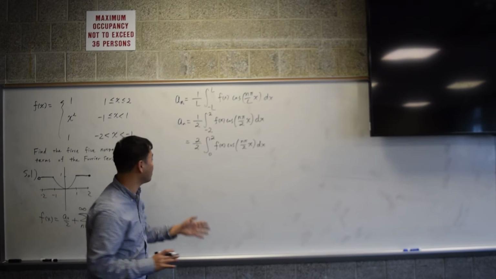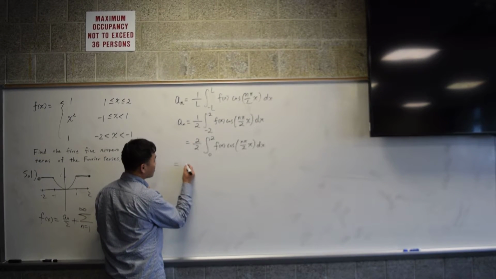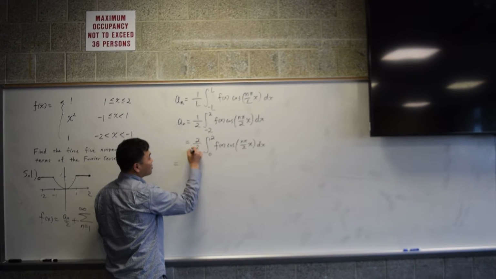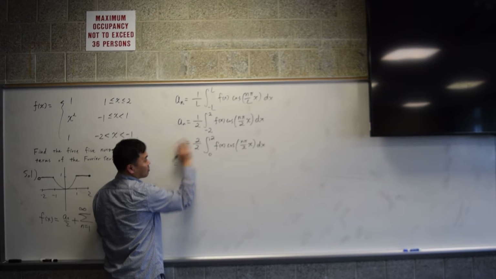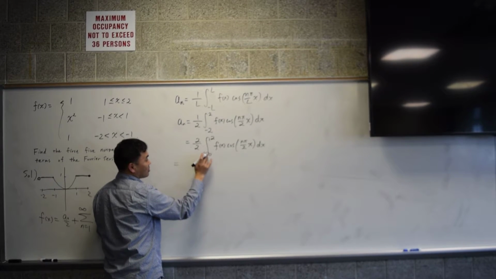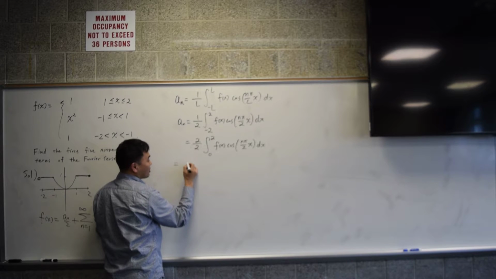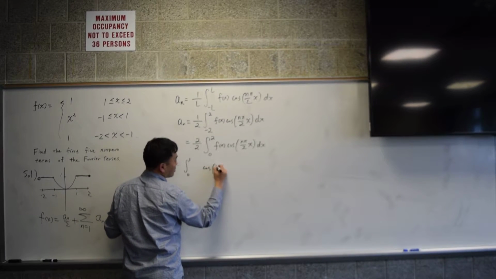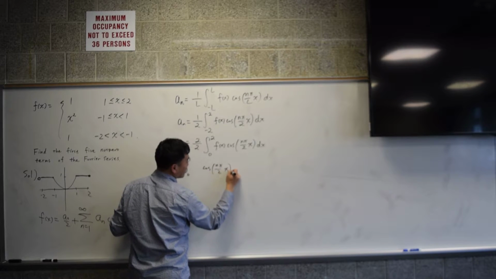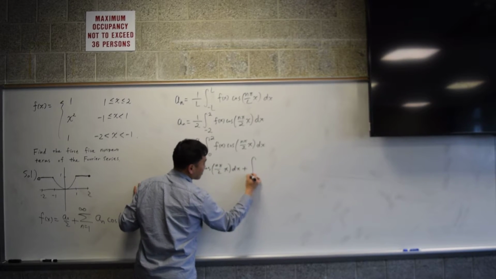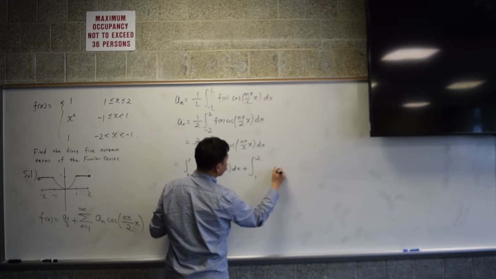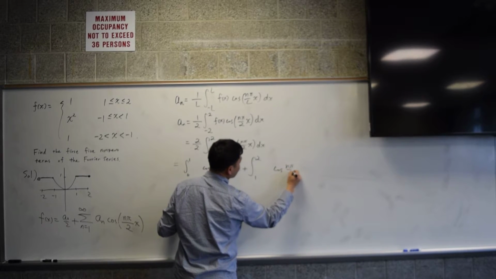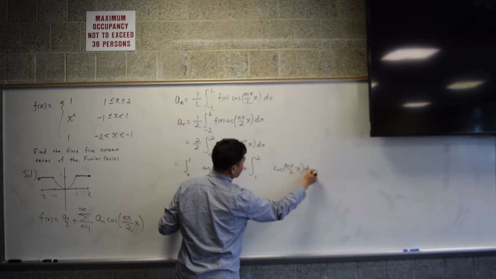Okay? It has to be done in 2 intervals. Okay, so this is 1, so we don't care. We just drop, get rid of this. And then instead of from 0 to 2, we write it as 0 to 1 cosine n pi over 2 x dx plus 1 to 2 cosine n pi over 2 x dx.